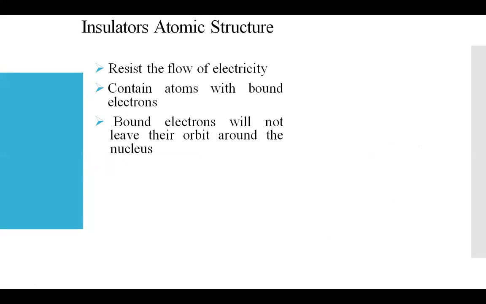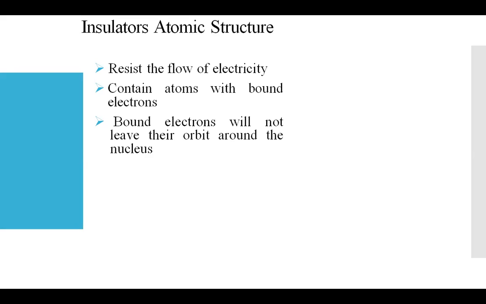Now, what property should the insulator atomic structure have? First of all, it resists the flow of electricity. Then it contains atoms with bound electrons, and the bound electrons will not leave their orbit around the nucleus.